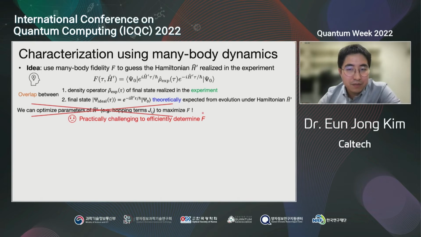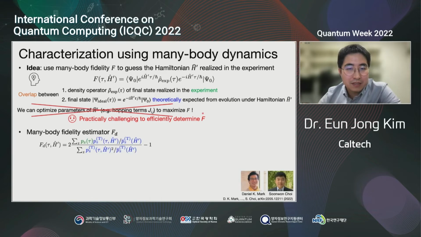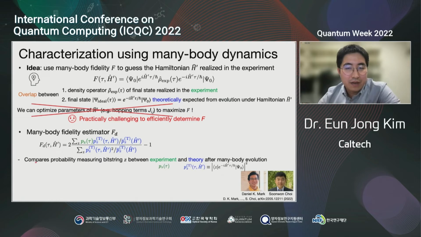An alternative method to achieve the same task was proposed by our theory collaborators Daniel Mark and Soonwon Choi at MIT, where an estimator FD of the many-body fidelity can be used. The FD compares the probability of measuring a bit string Z between the experiment and the theory after many-body evolution.